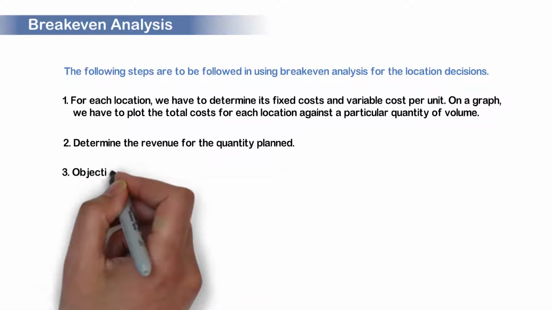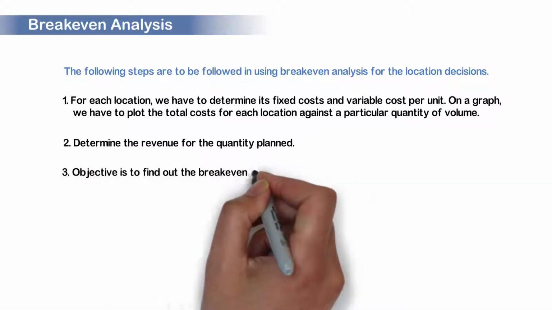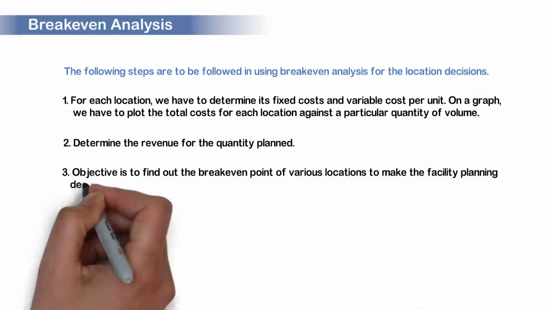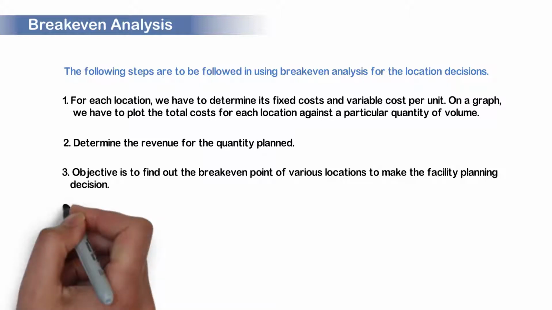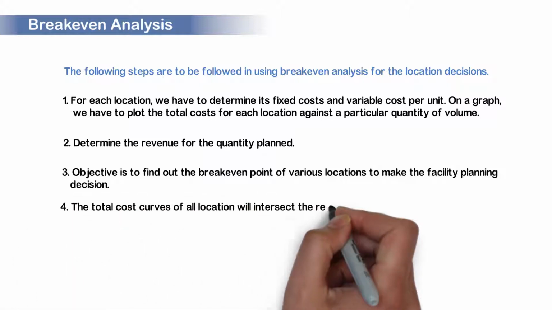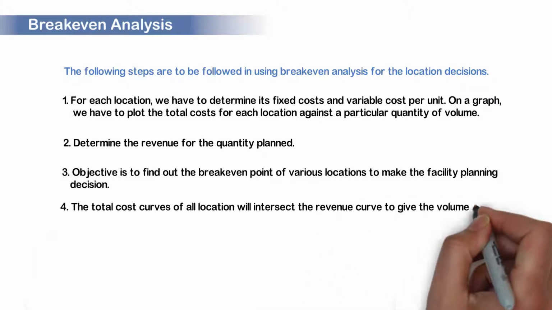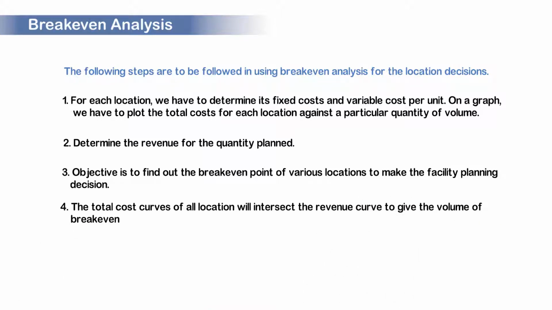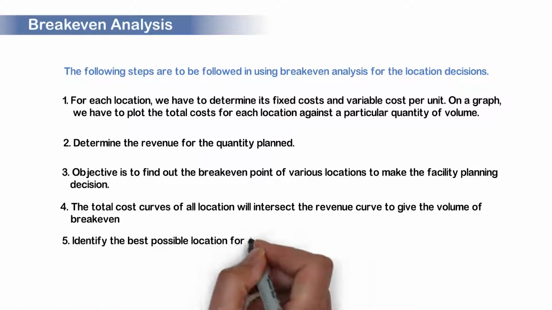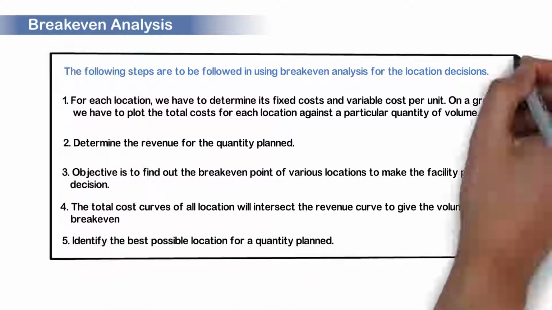The objective is to find out the break-even point of various locations to make the facility planning decision. The total cost curves of all locations will intersect the revenue curve to give the volume of break-even for each location. From this, we have to identify the best possible location for a quantity plant.